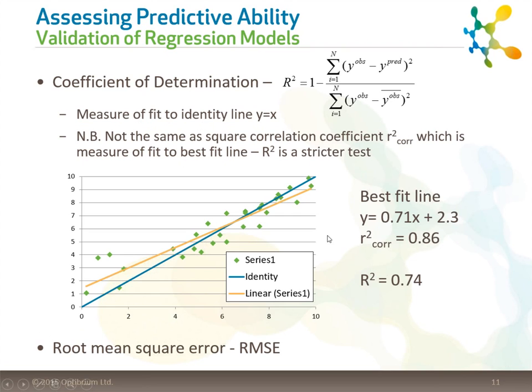But notice that the best fit line is not the identity line, and so in fact the coefficient of determination is slightly lower. It's a stricter test of the performance of the model. We also look at the root mean square error. That's a measure of the variability, the uncertainty, the statistical error in the predictions from the model within that validation set.